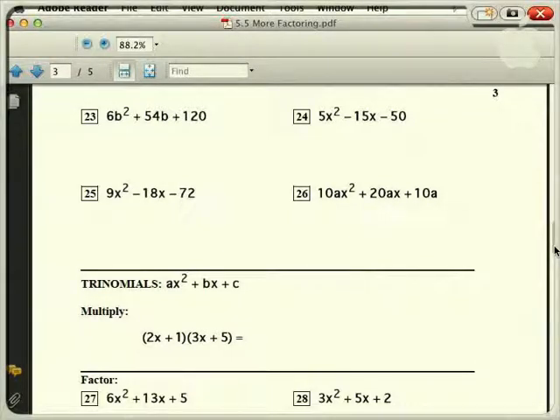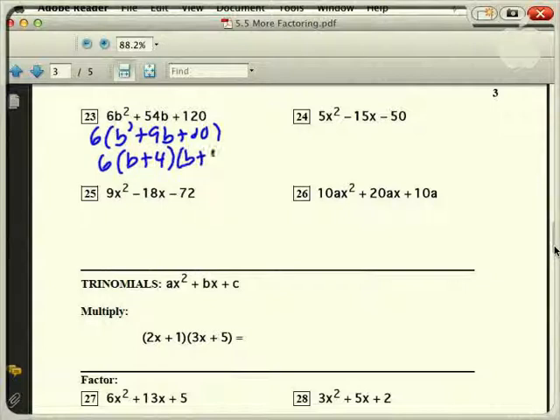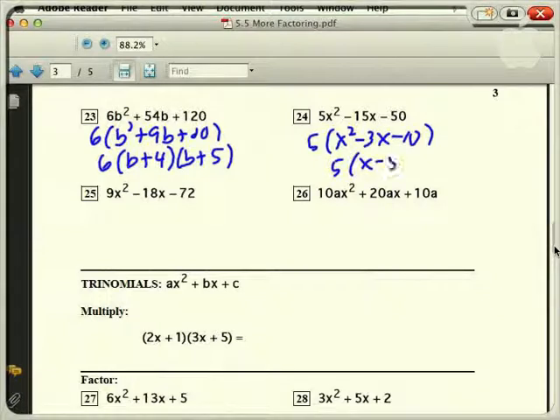In number 23, you can factor out a 6 first. And then you can finish factoring. In number 24, you can take out a 5. And likewise, you can finish factoring. In number 25, you can take out a 9.